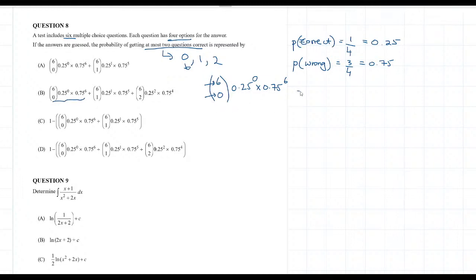For getting 1 correct, we would just change that power to 1 times 0.75 to the 5. And the probability of getting 2 correct will be 0.25 to the power of 2 times 0.75 to the power of 6 minus 2, which is 4. And only B does that.